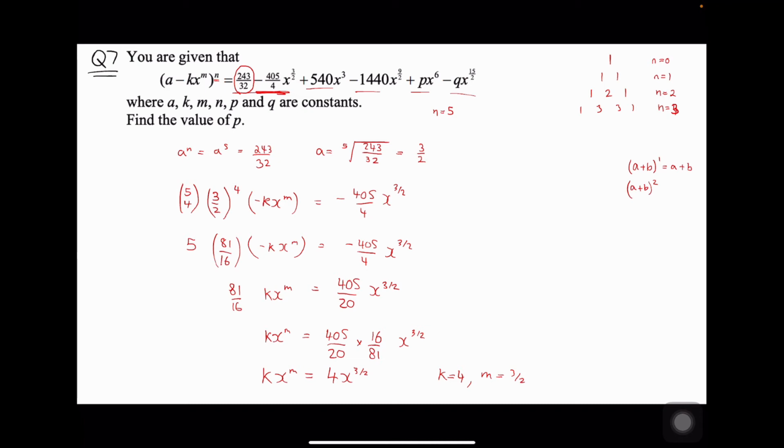So we have worked out a, k, m, and n. Now we need to use all this information to actually answer the question, which is work out the value of p. So I can see a p here. Let me change my color.